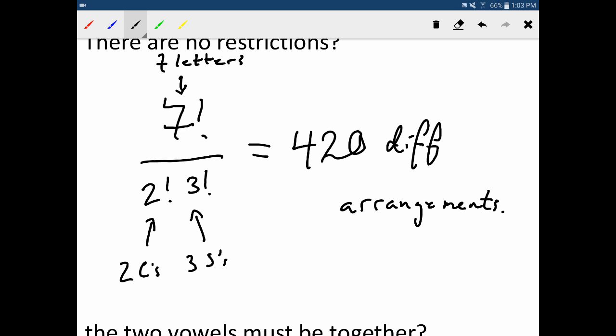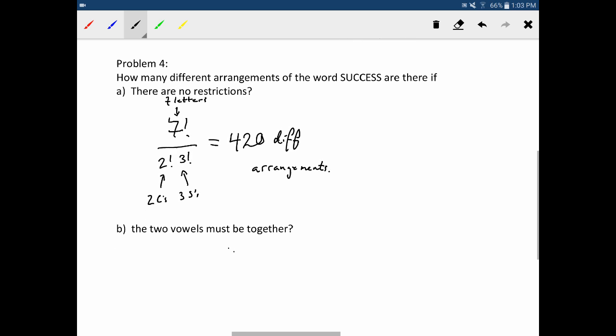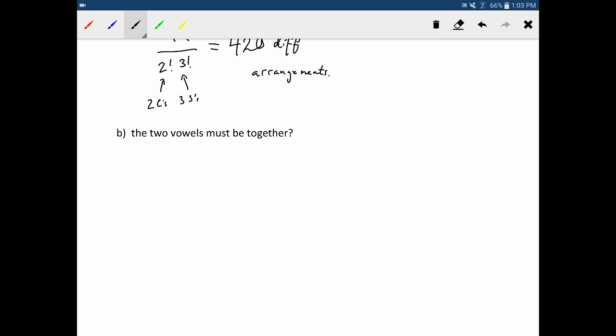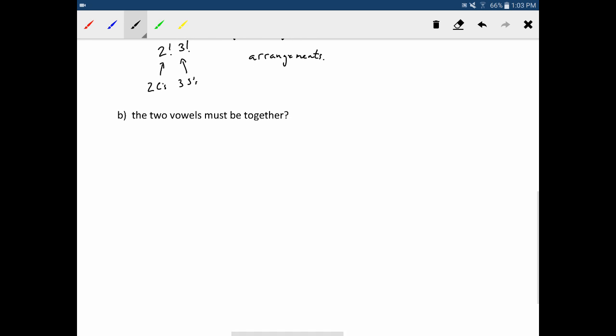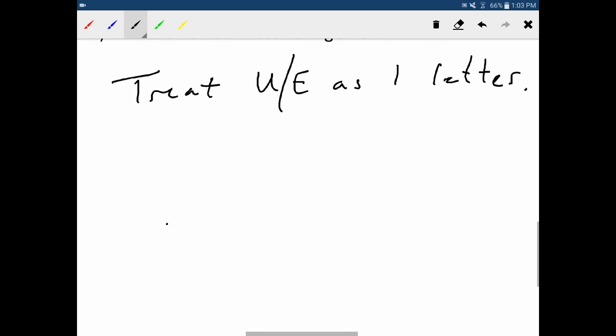Okay. So what we're going to do to complicate this is we're actually going to take an idea from an earlier lesson and combine it. Okay, so we're going to do it where the 2 vowels must be together, but keep in mind we still have the 2 C's and the 3 S's. Okay, so first of all, we're going to treat the E and U as one letter. Okay, so we're going to treat them as one letter. So now, instead of having 7 letters, we're going to have 6 letters.